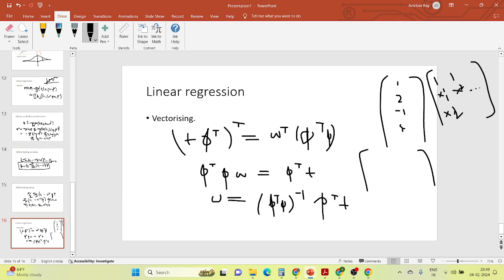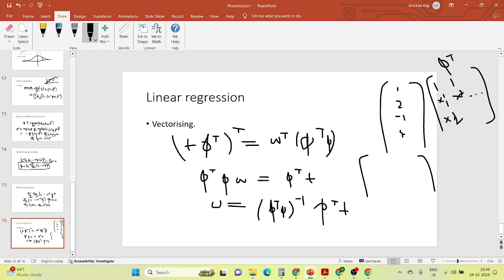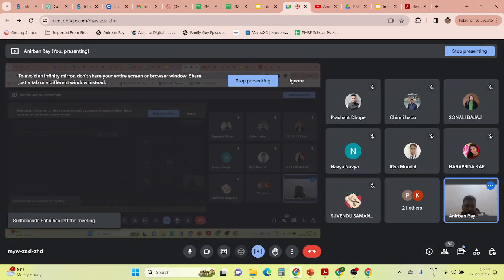This is the transpose of this, so this is phi transpose, and phi is like 1, x1, x2 for each example. Means the training examples are in columns. Maybe difficult to understand.